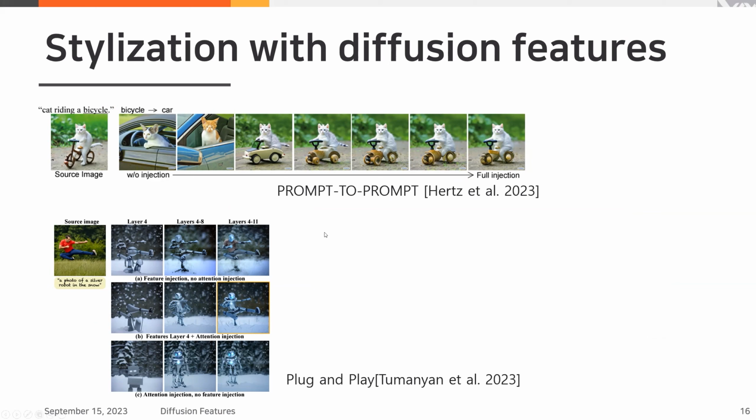As you can see, without injection, they make a cat riding a car. And as you inject more and more, it makes the car into a bicycle, following the source image. If you fully inject the features, the generated car looks more like a bicycle, as in the source image.